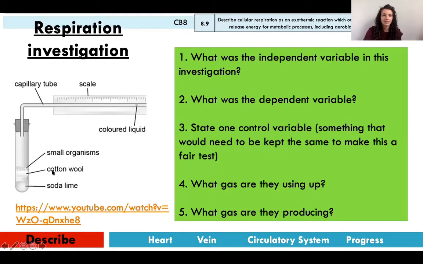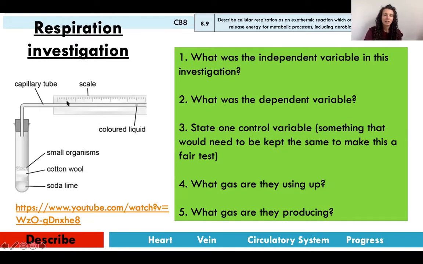What we do is we put them inside a tube like this, and we put soda lime into the tube. Now what the soda lime does is it absorbs the carbon dioxide waste product. We fit a capillary tube and a bung, so there's a bung there so that no gases can go in and out of the tube.